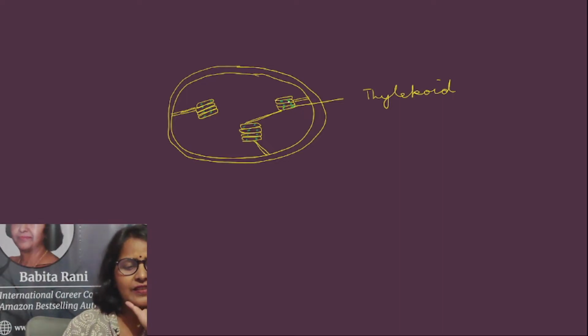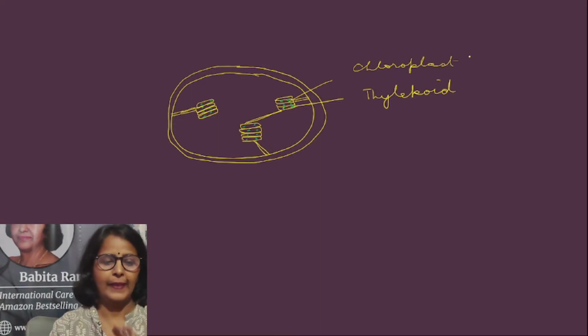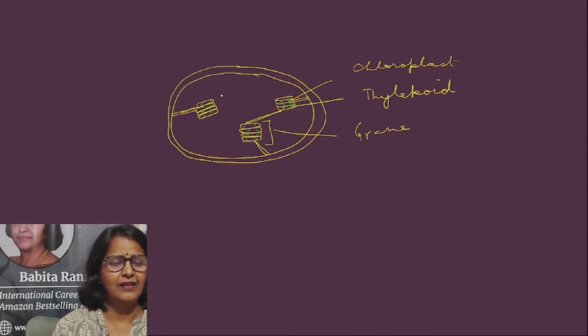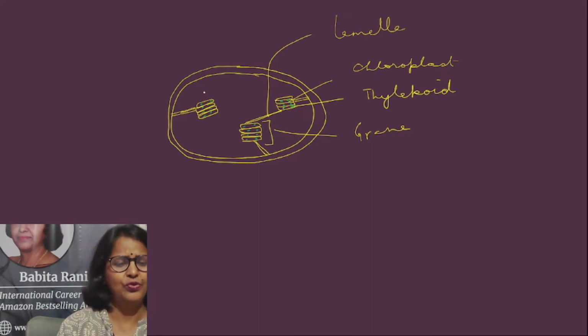So this is chlorophyll, and these together are known as grana. These are lamellar structures which are joining two grana. This is the stroma.